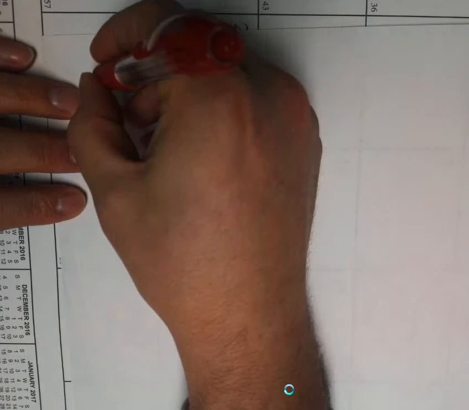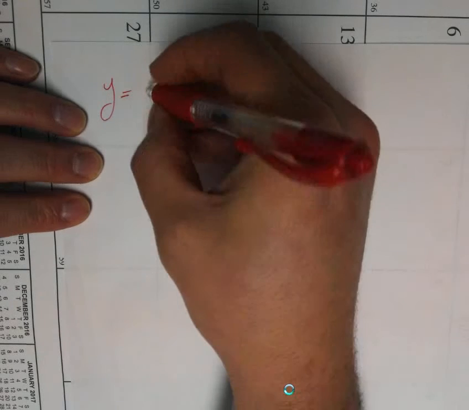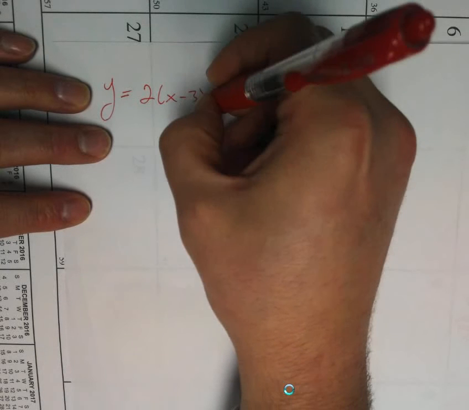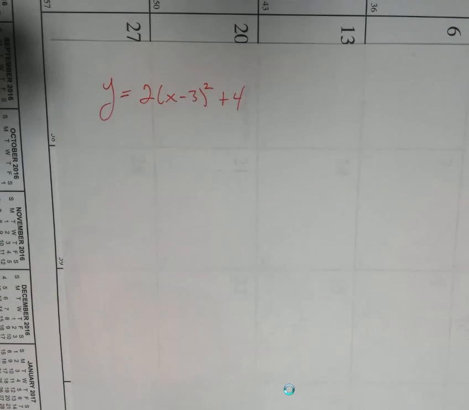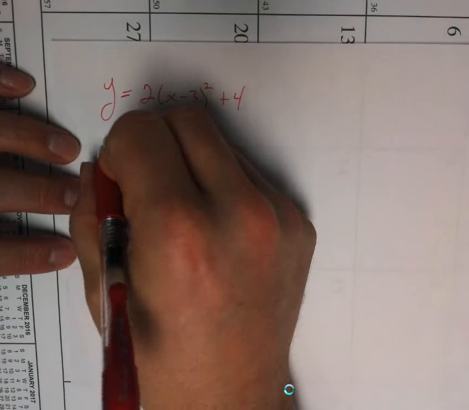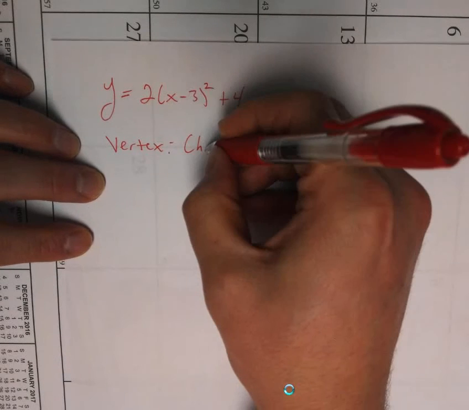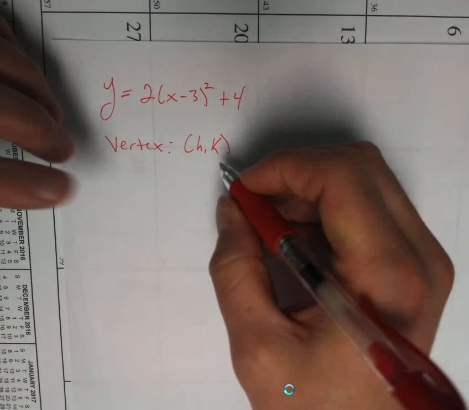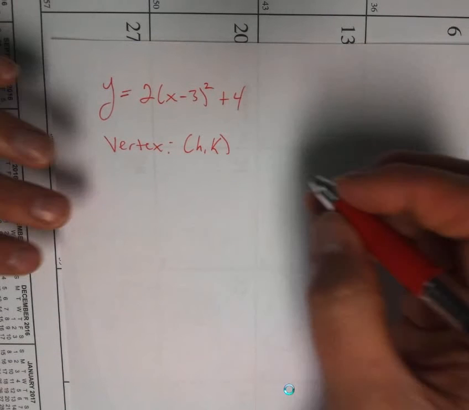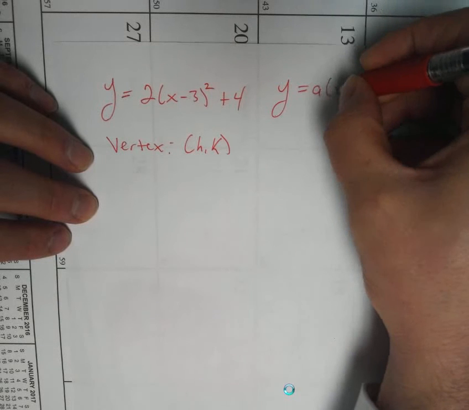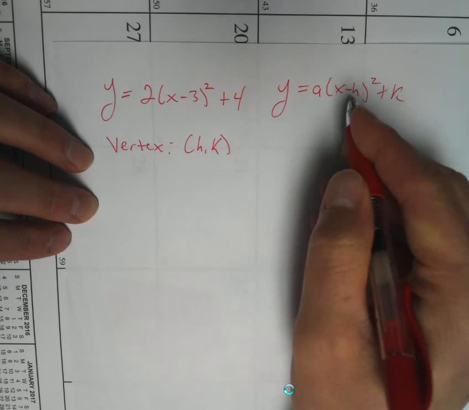So vertex form, y equals, I'm going to go ahead and give us a problem, 2 times (x minus 3) squared plus 4. First thing we can find is the vertex. Okay, vertex is (h, k). So if we refer back to our equation, I'm going to write it here at the side so everybody can see it. H is on the inside, k is on the outside.